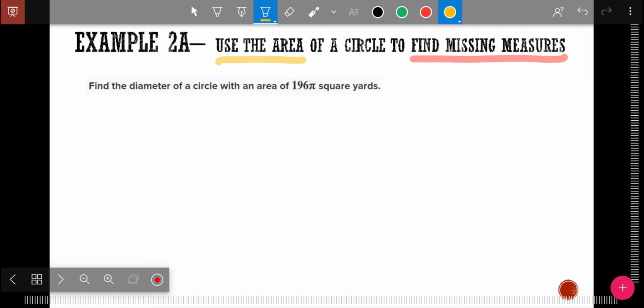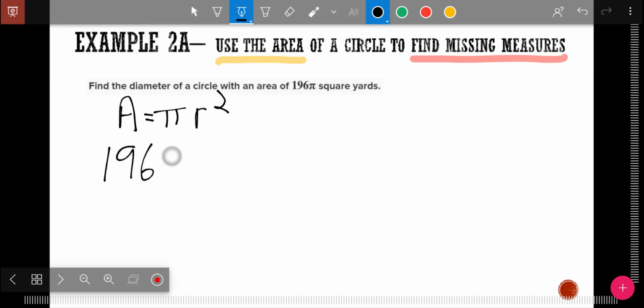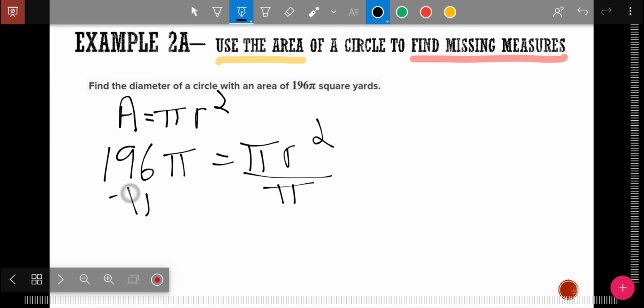Right. And so area equals pi r squared. But they give you the diameter of a circle with an area of 196 pi. They give you the area. The area is right there, so I'm going to plug that in. 196 pi equals pi r squared. I divide both sides by pi. Pi's cancel out.